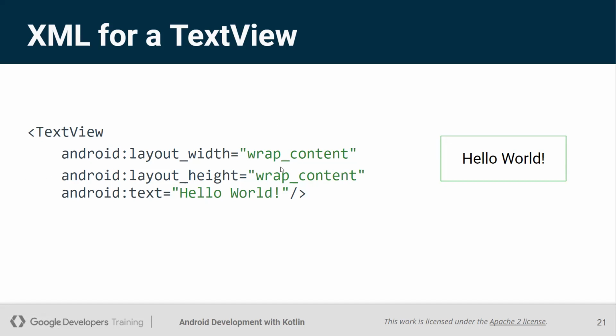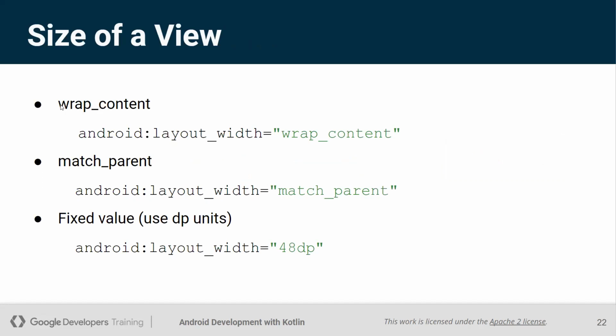Apart from that, what does it mean to wrap content? I mentioned to you that wrap content means the content inside the view will decide the width or the height of the layout. The layout is basically the rectangular boundary.